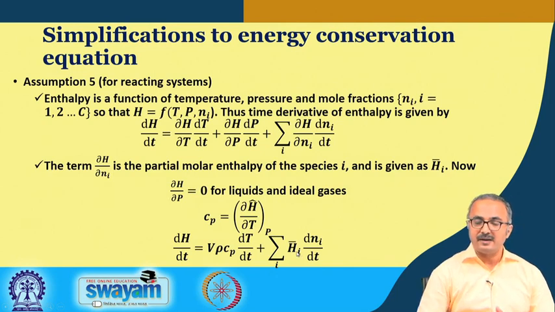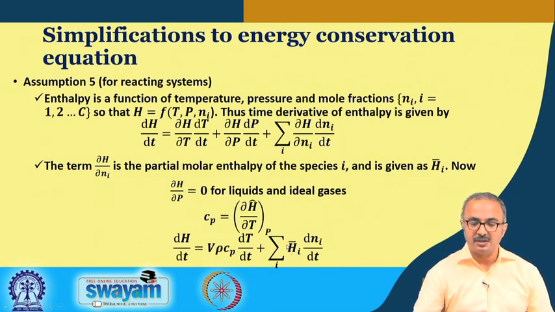Okay. So, here we find how the partial molar enthalpy and these terms are coming. Please mind that this V rho is coming because this was a specific value, dependent per unit mass, and the total mass is nothing but the volume and the density. So, that is how we get the V rho term here.